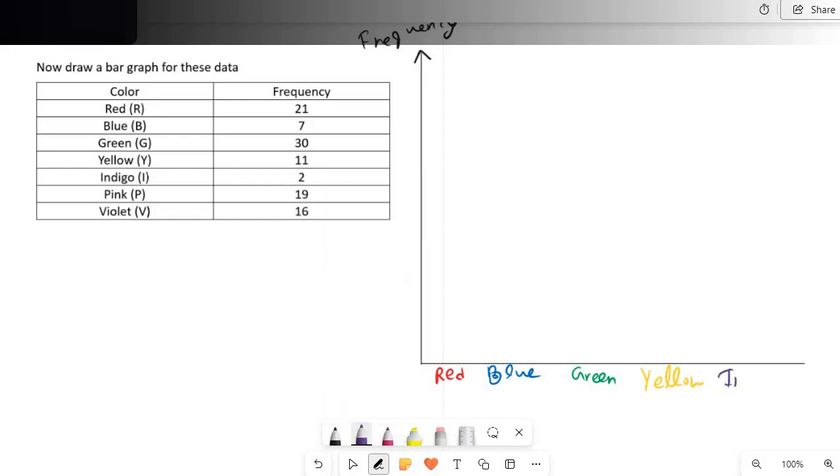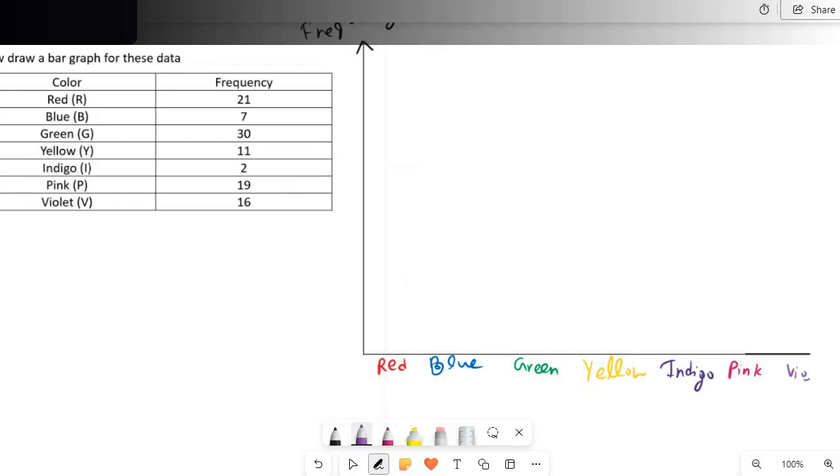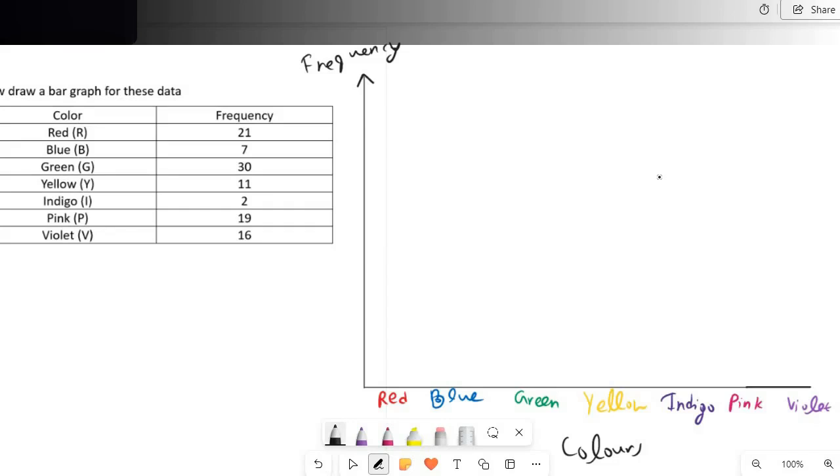Then we have indigo, pink, and finally we have violet. So the way you draw a bar graph is by drawing rectangles which should have the same width but different lengths depending on the frequency, and each of the bars should be separated by a common gap.